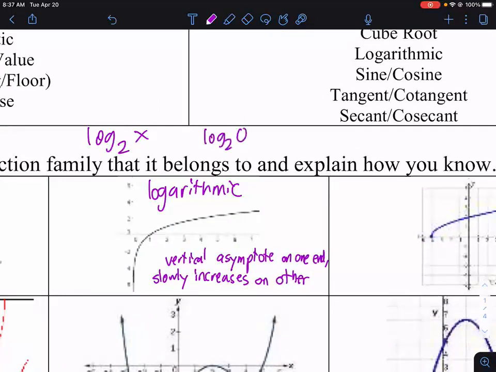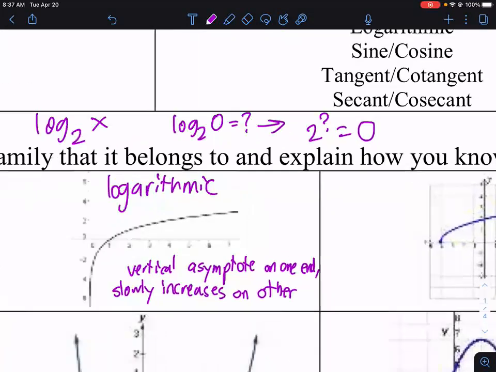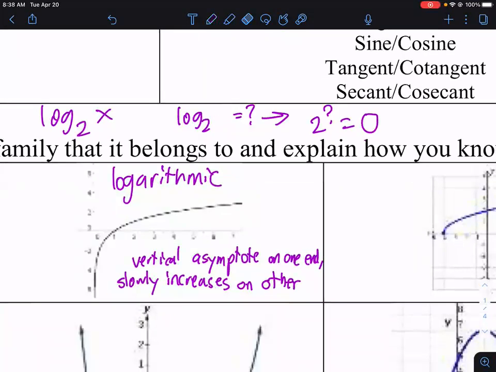Because if x were 0, that's asking 2 to what exponent equals 0, and that's impossible. There's no way for the base of 2 to turn into 0. And the input cannot be negative either, because this is asking how do you make the base of 2 into a negative, and again, that's never going to happen. So that's why on the graph, there's no inputs in the negatives, and 0 also has no inputs.